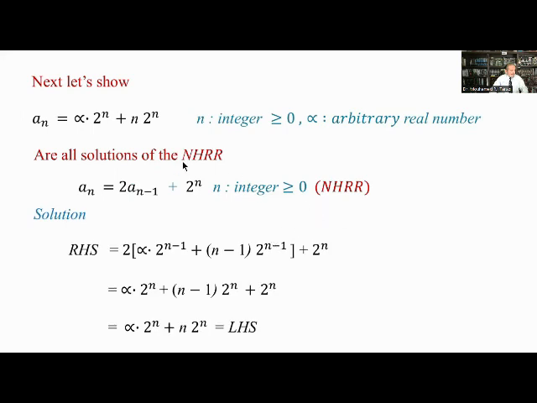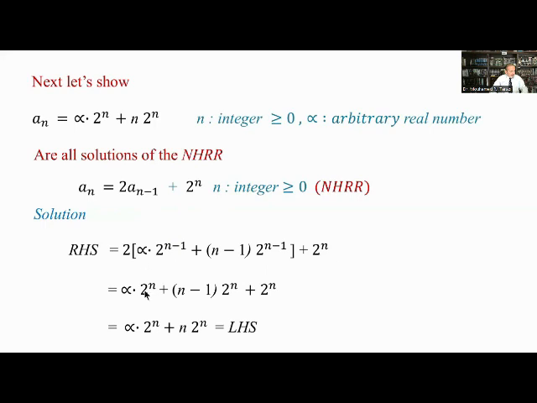Again, the right-hand side here is 2 times a(n minus 1), and a(n minus 1) is alpha 2 to the power n minus 1 plus (n minus 1) 2 to the power n minus 1, plus 2 to the power n, the right-hand side of this. Now you notice that if I multiply by 2 here and here, they all become a power of 2 to the power n.